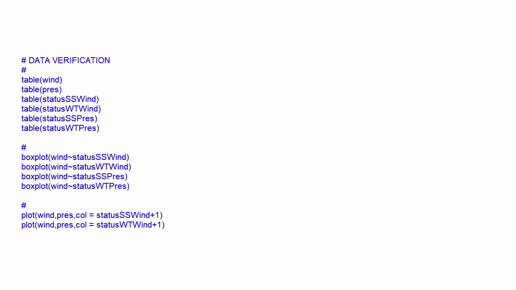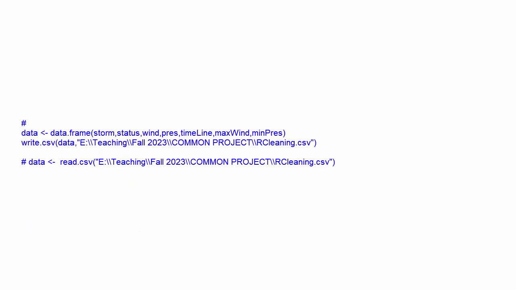To verify the data was clean and that all implausible numbers had been removed, I created frequency tables and graphical illustrations of the data's distribution. Then I created a data frame of these variables and exported it into a CSV file, reading the data back in to verify that the data had exported correctly.